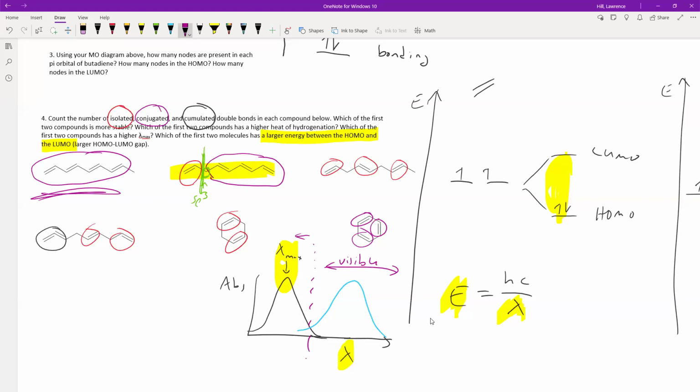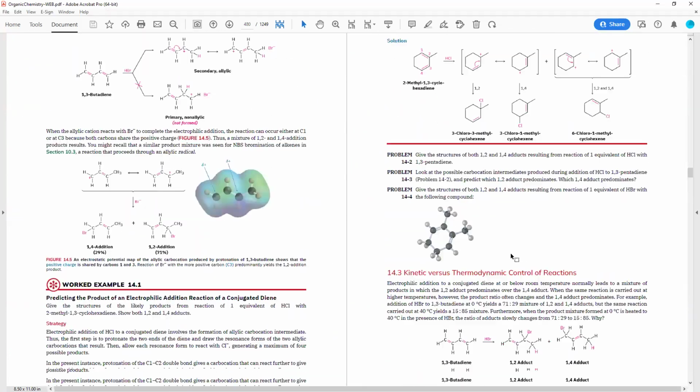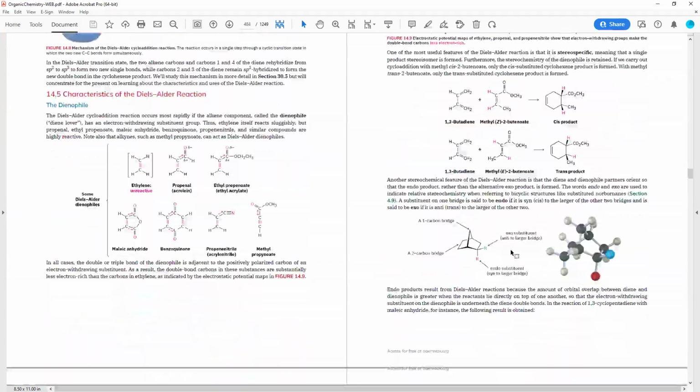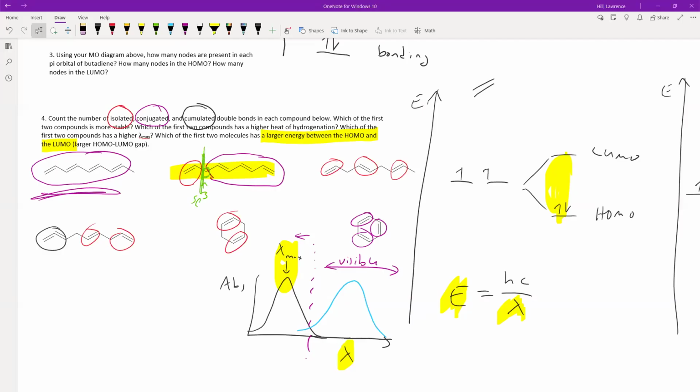So the visible spectrum is around 400 to 700 nanometers, plus or minus a bit. And so it just turns out that most organic compounds don't have color, but as you get to larger and larger molecules, longer and longer molecules, then you start to see a smaller HOMO-LUMO gap, and therefore a higher lambda max, and that allows you to see color.